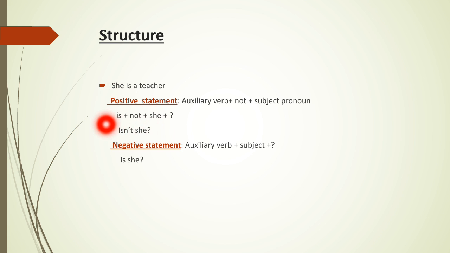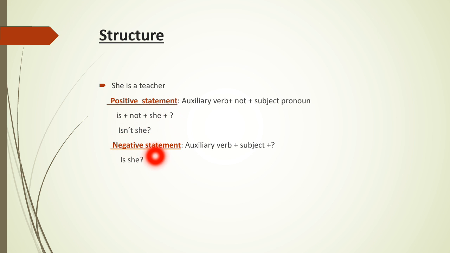Here, is not she, and at the end of this question, because it's a question, you have to put a question mark or interrogation sign. So is not she, isn't she? But this is not right. The right thing is isn't she. Here is an apostrophe t, the contracted form of is not. So the answer will be isn't she.